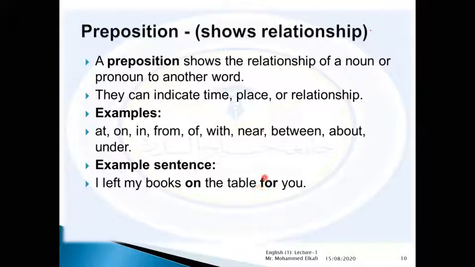We think of this connection or relationship between my books and you. You use for. Connection between books and table, you use on the table. The books on the table and the books for you.